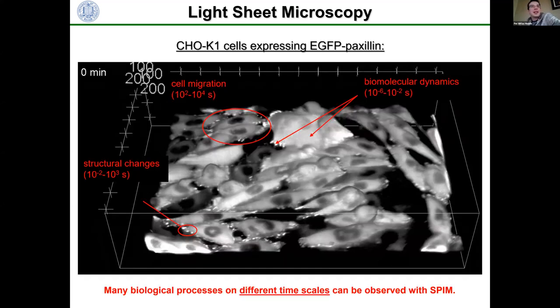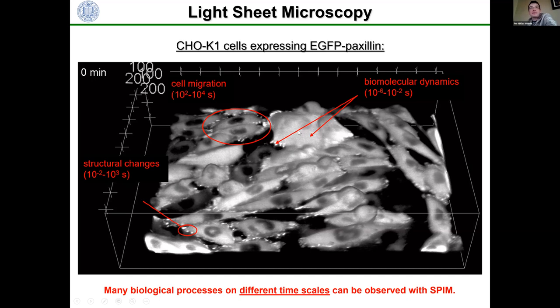So what kind of information can we get from these data sets? Well, what you can see clearly by eye is the cell migration. You saw these cells crawling on the glass, and they are assembling and disassembling those adhesions as they move. This motion is on the order of minutes to maybe even hours. Then we have the structural changes, which are the individual adhesions assembling and disassembling, on the second to minute time scale.